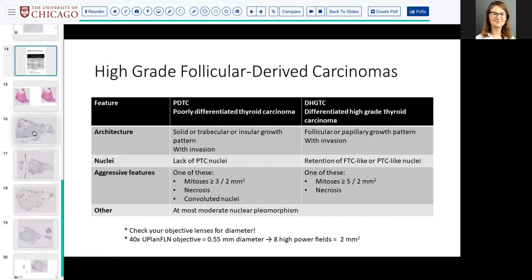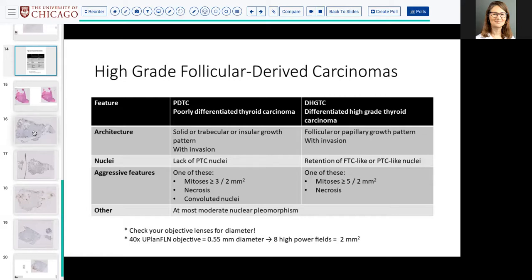But technically, if you follow the criteria, they are separated into the poorly diff, which fit the Turin criteria, and the differentiated high grade, which do not quite fit the Turin criteria, but are still equally bad.